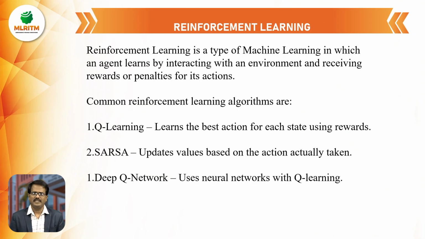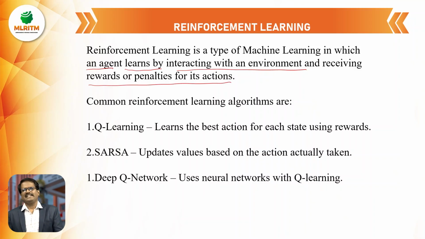Next, reinforcement learning algorithm. It is completely different. Reinforcement learning is a type of machine learning in which an agent learns by interacting with an environment and receiving rewards or penalties for its actions. The agent performs actions in the environment. If his action is a success, he will get the reward.